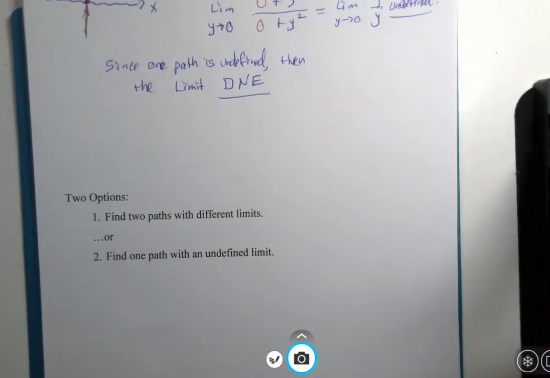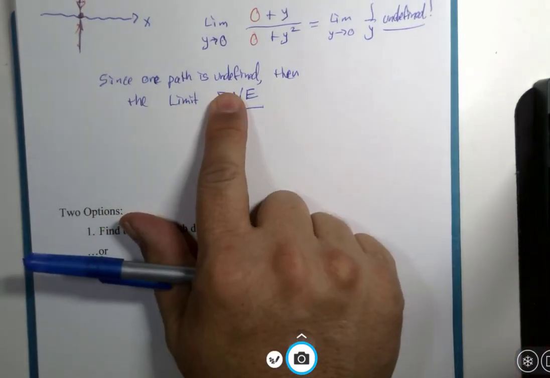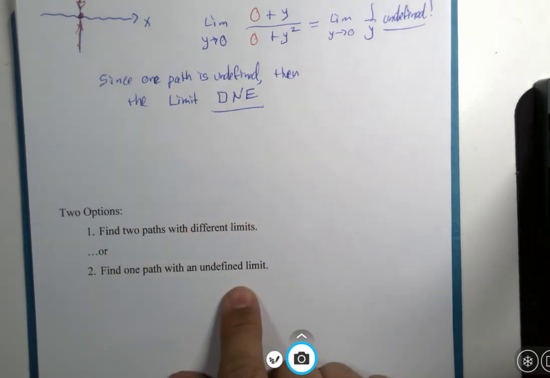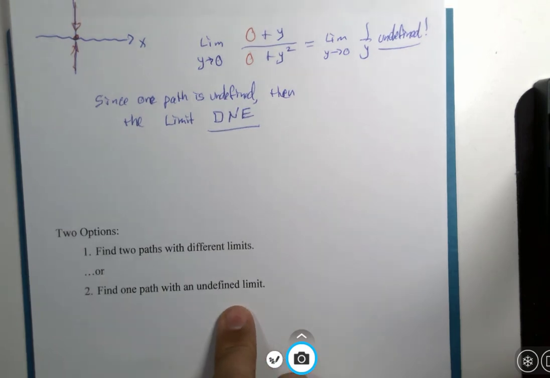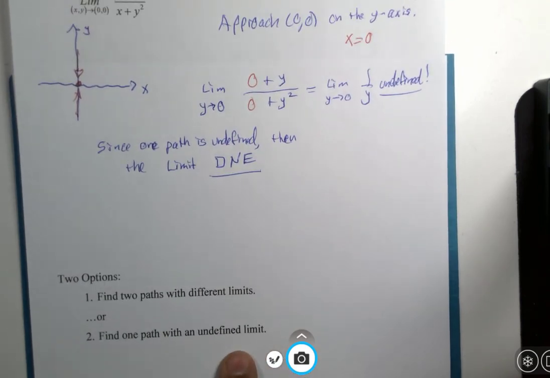Or find one path that is undefined, and then that's enough to prove the limit does not exist. Now when I create examples for assessing students, I don't go over the top with how many paths you can choose, but this is one way to tackle a problem related to limits.